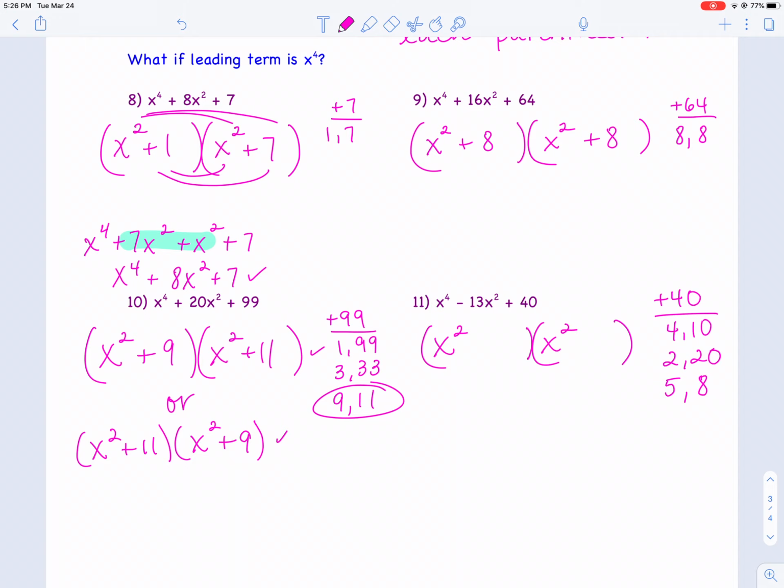Well, those two add to 13, except they don't add to negative 13. So what if I made them both negative? Because a negative times a negative will give you the positive, and a negative plus a negative will give you that negative 13. There it is, x squared minus 5 and minus 8. Your puzzle was what 2 numbers multiply to 40 and add to negative 13? That's negative 5 and negative 8.